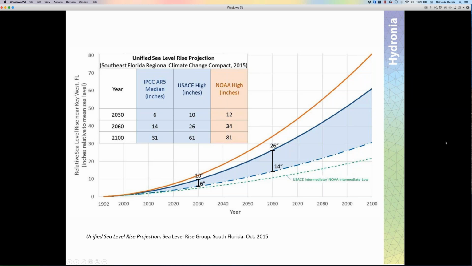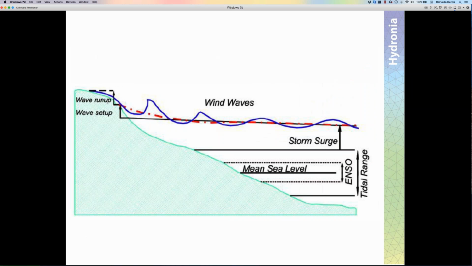And as you see here, there is a big variation in different projections by different agencies, but all of them essentially predict a big change and also an acceleration in the sea level rise. So these sea level predictions are being used for planning purposes in many parts of the world.